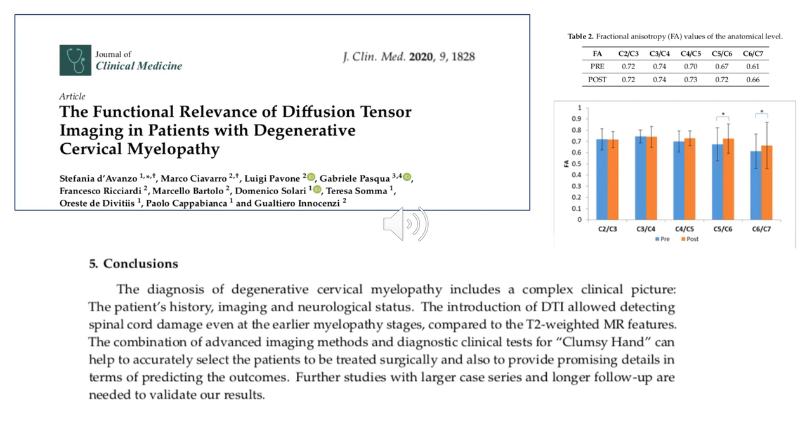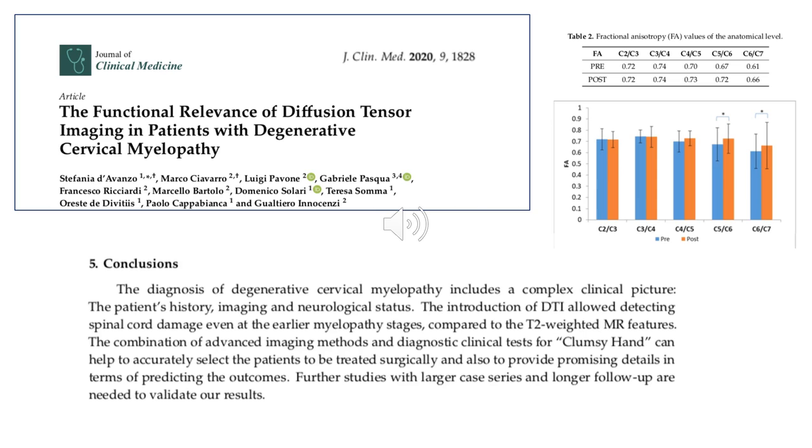So in the diagnosis as well as in prognostic evaluation, you have to keep in mind the history of the patient, imaging, neurological status, and the introduction of DTI sequences allows detecting the spinal cord damage even in the early myelopathy stages compared to the T2-weighted MRI features.